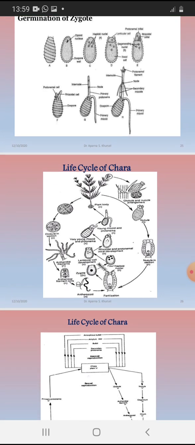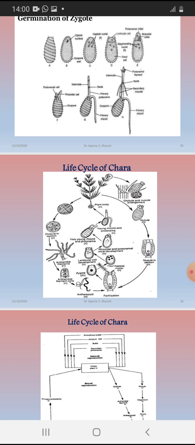So, here is the life cycle of Chara, which gives you the idea of sexual reproduction, that the diploid nucleus of Chara undergoing reduction division forms 4 nucleus. Out of the 4 nucleus, only 1 nucleus remains, whereas 3 nucleus degenerate.